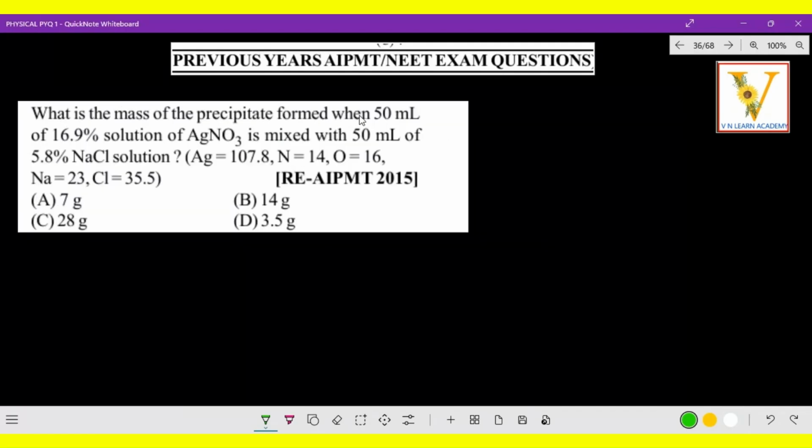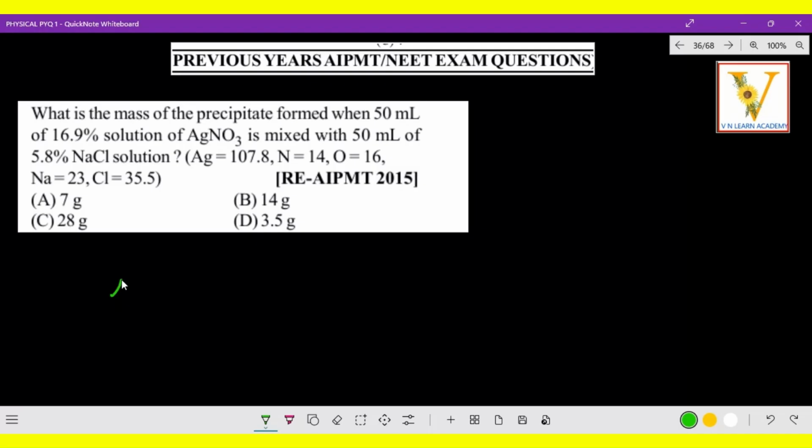It is formed when 50 ml of 16.9% solution of AgNO3 is mixed with 50 ml of 5.8% sodium chloride. See here, they are asking about the product mass. What is the mass of the precipitate formed when 50 ml of 16.9% solution of silver nitrate and sodium chloride are mixed? Let us write the balanced equation so that we can get that idea.